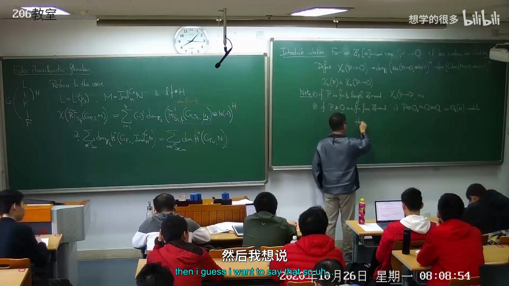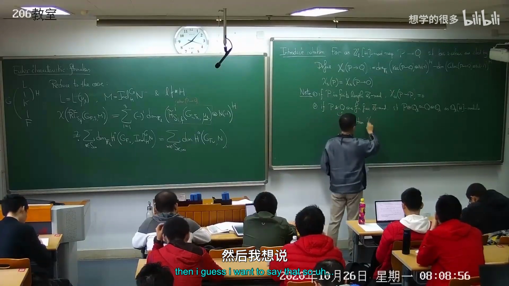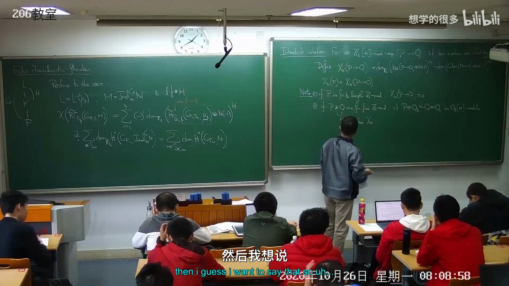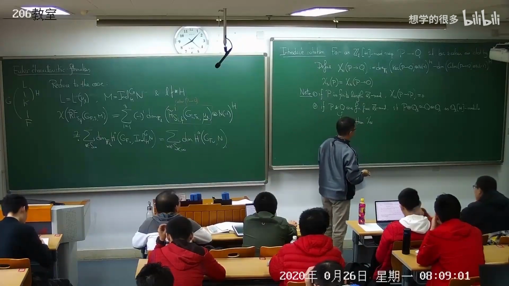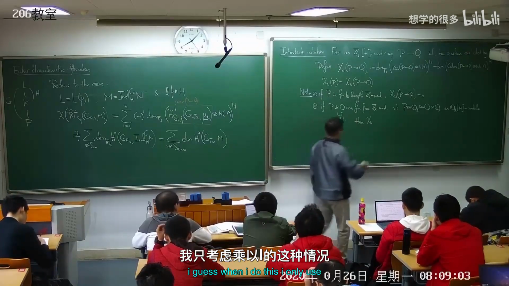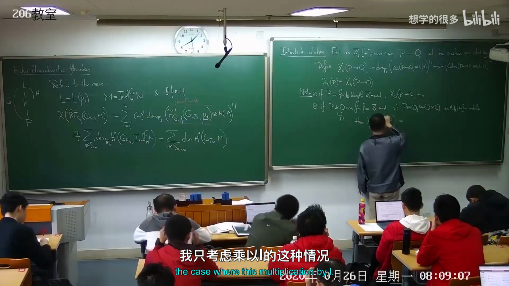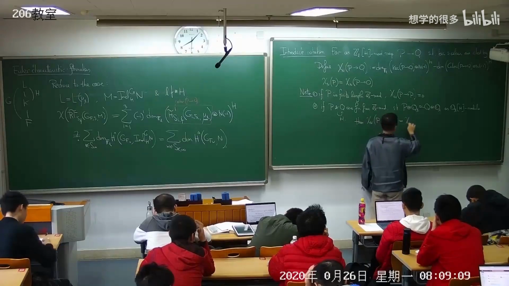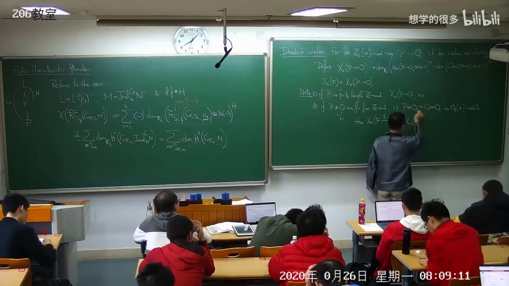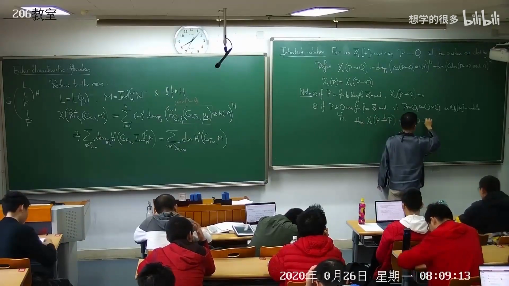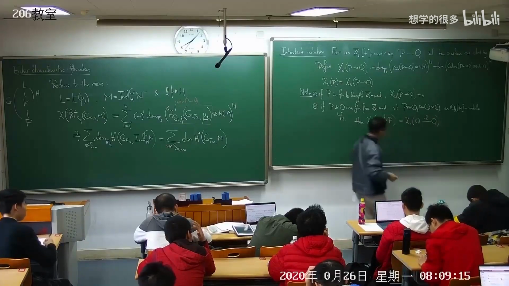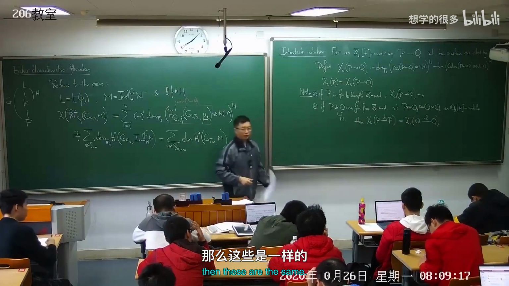Then I guess I want to say that. So maybe I can. I guess when I do this, I only use the case where it's multiplication by L. Then these are the same.